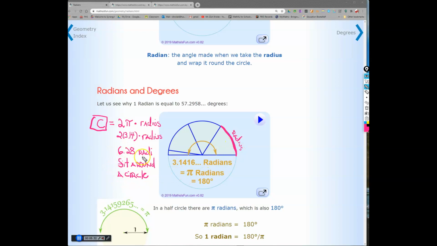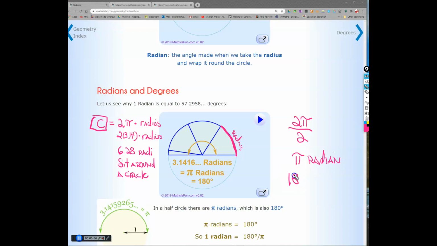Okay, and it actually takes 6.28. So to go halfway around a circle, if it takes 2 pi radius to go all the way around, well, if I go halfway around the circle, that's going to equal pi radians. So half a circle is the same as pi radians.